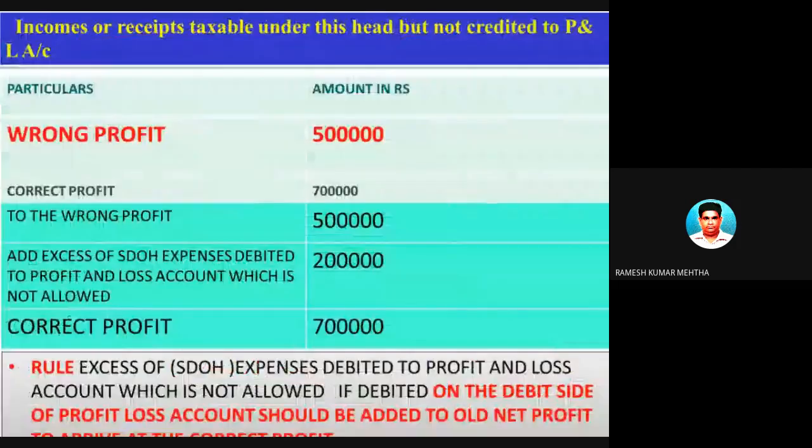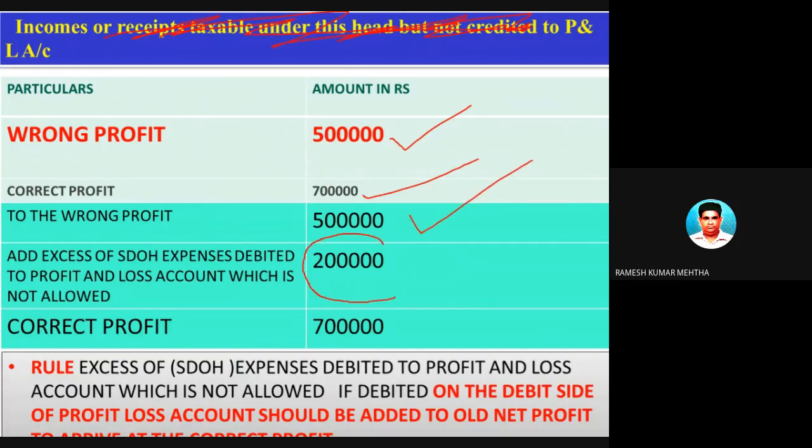So let's look at the summary. The wrong profit is 5 lakh rupees. You just ignore the heading. Correct profit is 7 lakh rupees. So to the wrong profit, you have to add the excess expenditure claimed, which was not allowed to be shown on the debit side of profit and loss account.